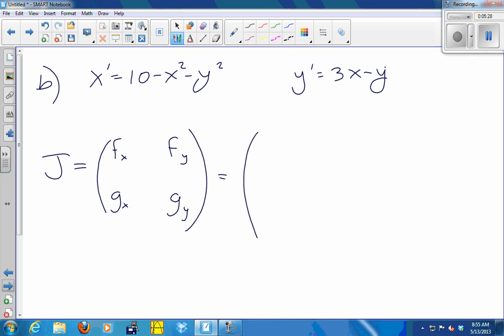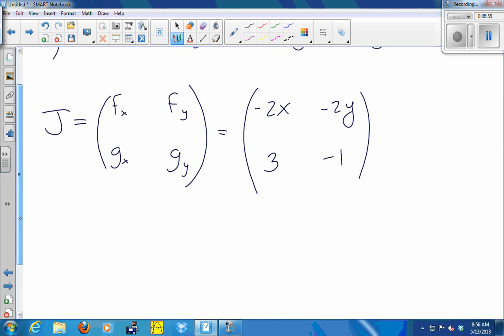Okay, so when I take the derivative of the x prime equation with respect to x, I get 10 minus, nope, the 10 goes away. I get negative 2x. When I take the derivative of the same function with respect to y, I get negative 2y. And then the derivative of the y prime equation with respect to x is 3, and with respect to y is negative 1.